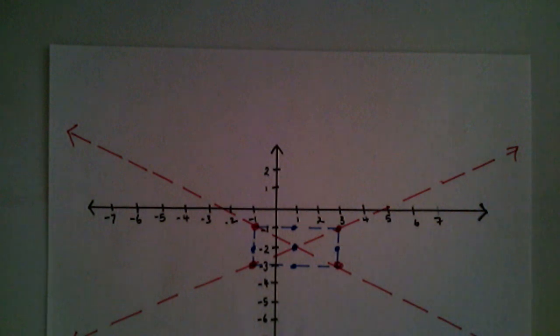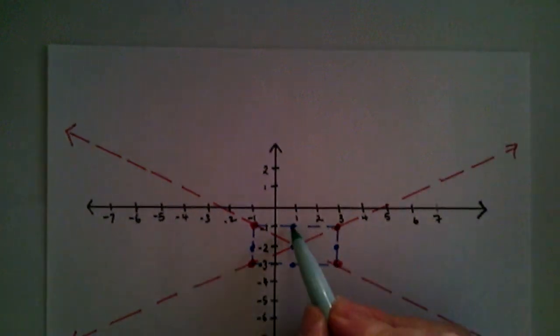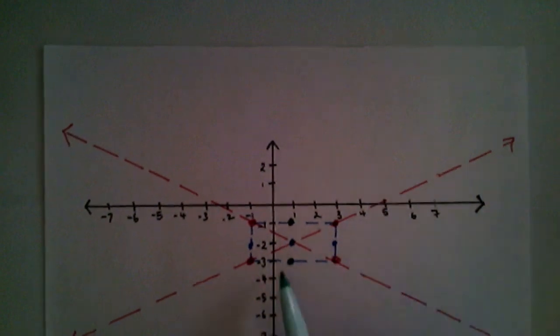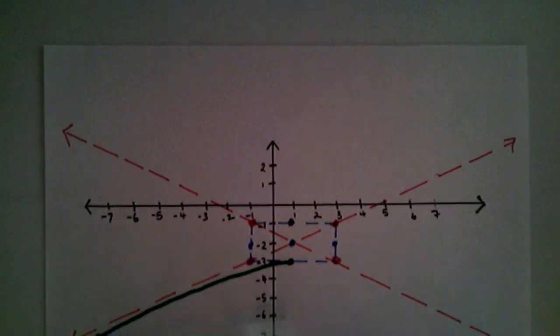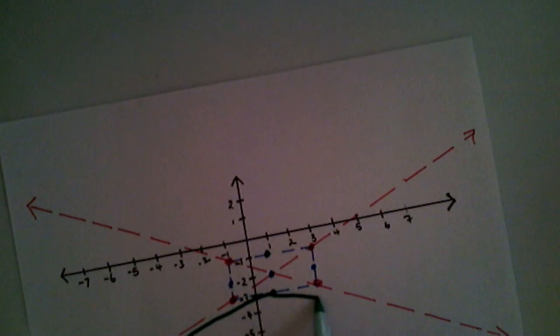So what was positive? Y squared was positive. That means that here is where the branches are. So from this vertices point, we're going to draw the branches of this hyperbola that go nearer and nearer the asymptote.